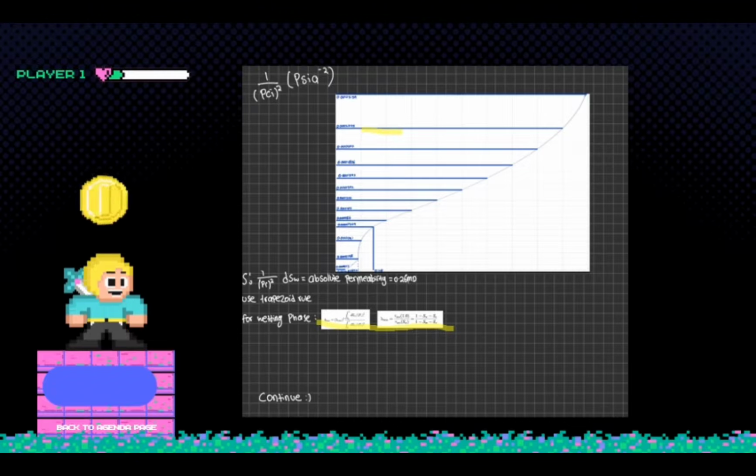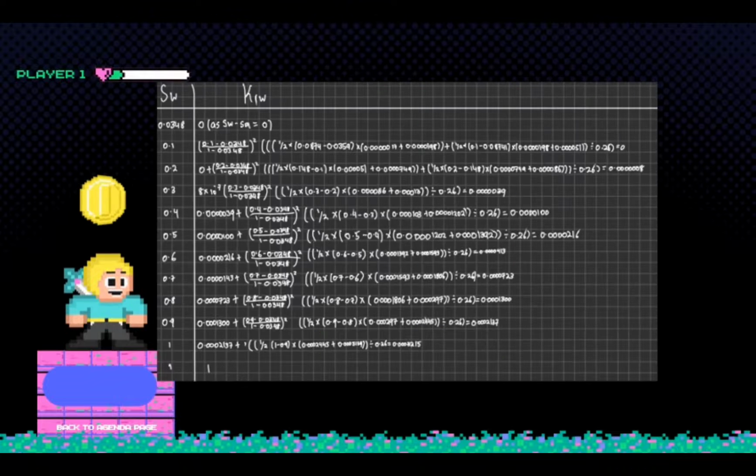That's how we calculate our initial water saturation, which is 0.038, versus 0, as water saturation minus net water saturation equals 0, and we proceed from 0.1 until 1, and this is the additional 1.